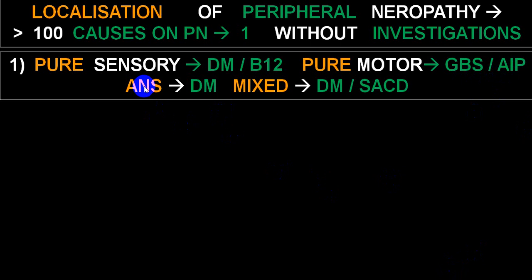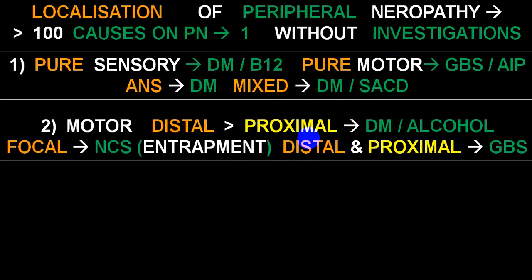If there is autonomic nervous system involvement, with or without sensory and motor, diabetes. If it is a mixed variety, sensory plus motor, again diabetes. You can see diabetes comes in sensory, and in the autonomic nervous system. Pure motor is not very common, but even diabetes can come in pure motor, and in a mixed variety. And in a mixed variety, do suspect diabetes, and another is subacute combined degeneration, which is because of B12 deficiency.